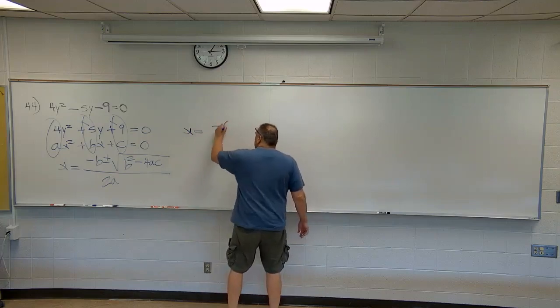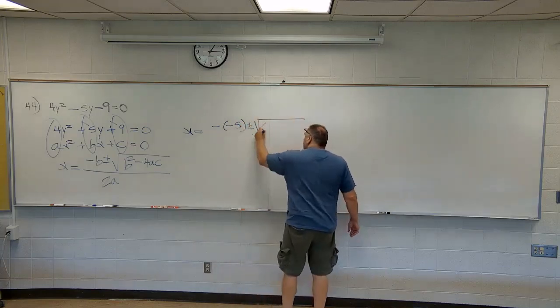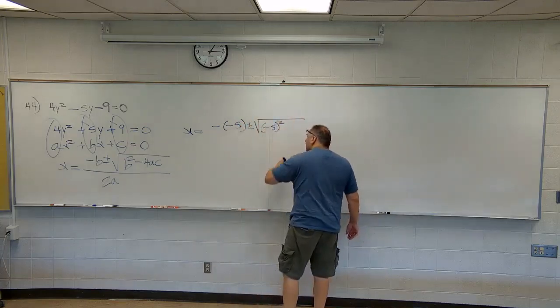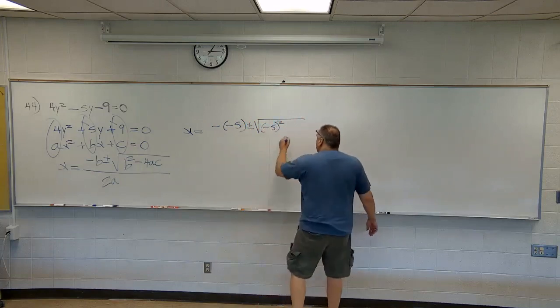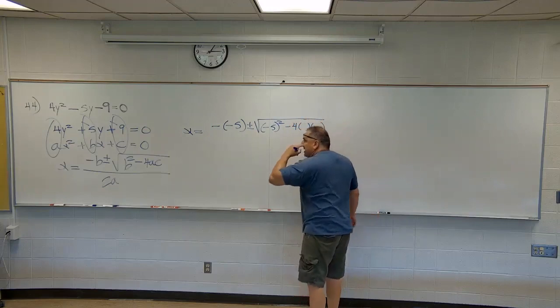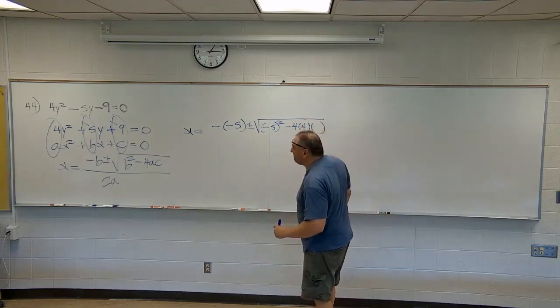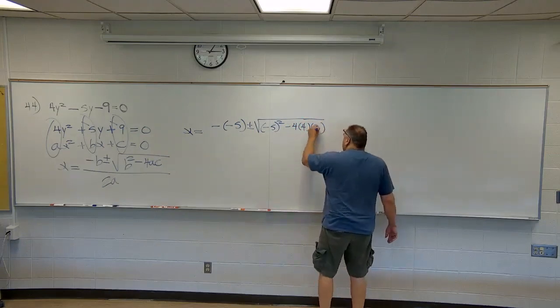B is negative 5. There we go. A is also 4. And C is negative 9.